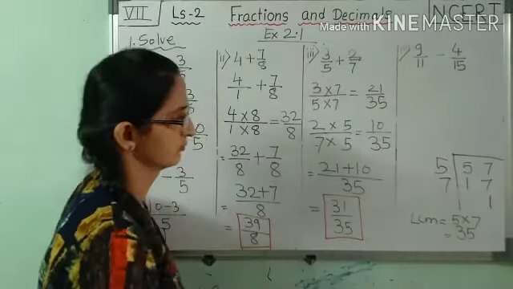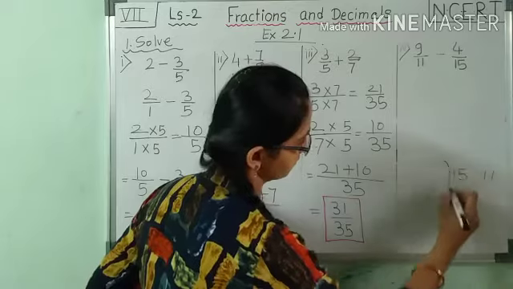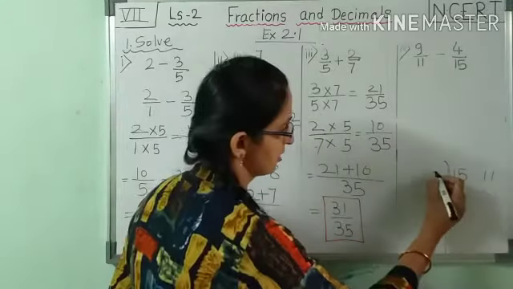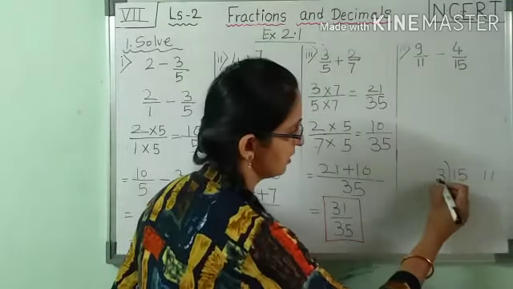Now coming to the next sum, 9 upon 11 minus 4 upon 15. These are unlike fractions. We have to convert them into like fractions. So for that, calculate the LCM of 15 and 11. So 15 is in 3's table, so 3 5s are 15.